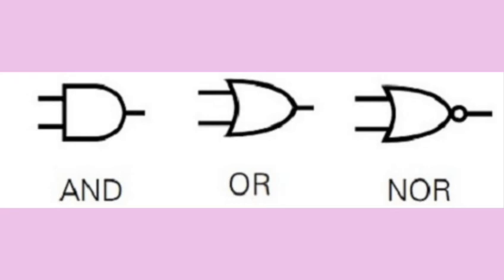They are not the same, they are practically different. The AND looks like a D shape. The OR has a curve, and the NOT has a knot at the end of it. All of this forms the standard single logic gates.